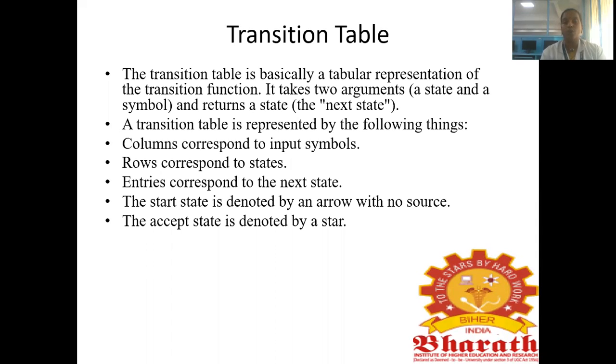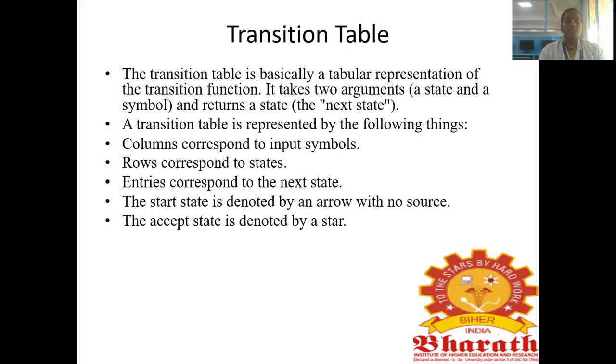There are two arguments: one is a state and a symbol, and the next is the returned state, that is, the initial state and the final or accepting state. So these two main arguments are needed to draw a transition table.